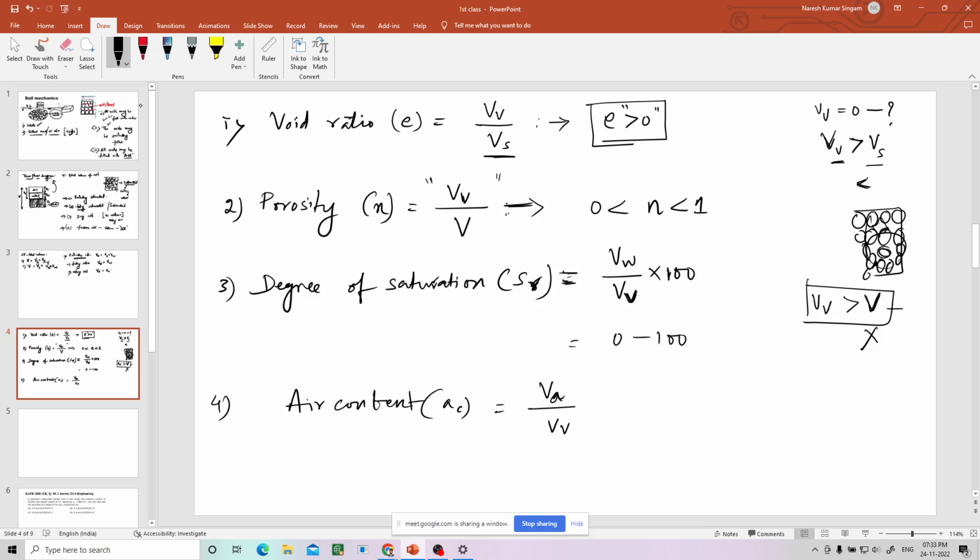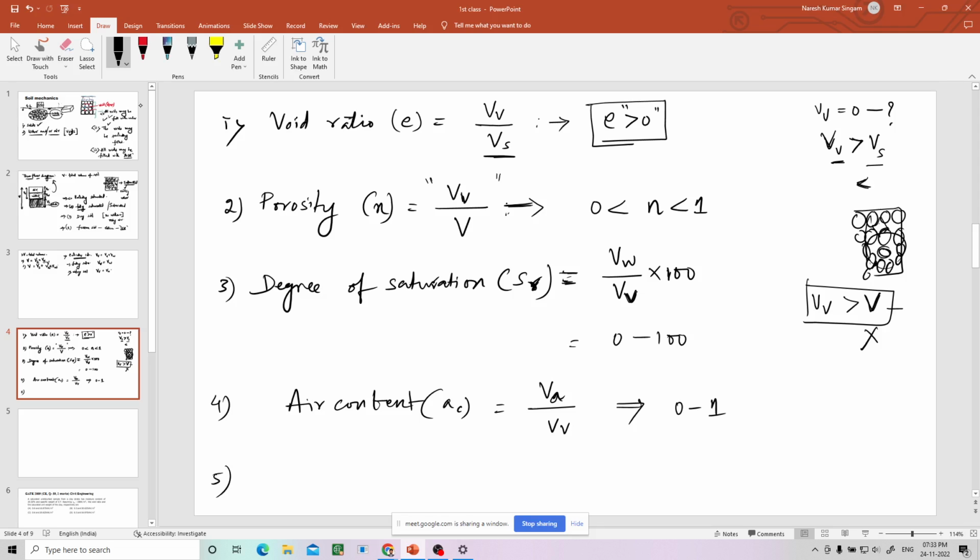So it also falls in 0 to 1 or 0 to 100, because the volume of air can be 0 when the total voids are filled with water, and when the total voids are filled with air, then it is 1. That is how it is. It can be between 0 to 1, or 0 to 100 if it is percentage.